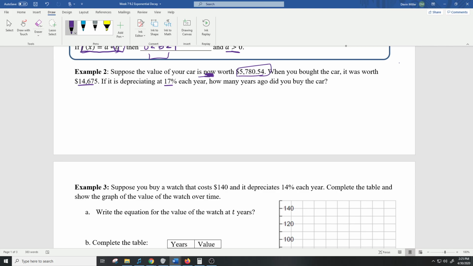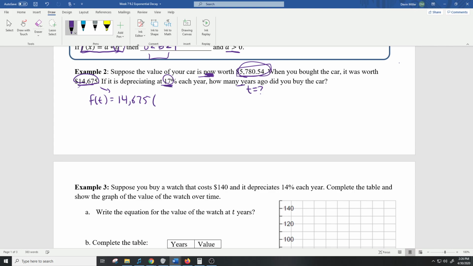So the setup is a little different because they gave us our current value, and we know our starting point and we know our depreciation. What we don't know is our years, how many years ago. So I'm going to use t for years, and that's something that we don't know. So if we were to set up the equation, we would say f of t equals your starting point, which is the 14,675, times depreciating at 17%.